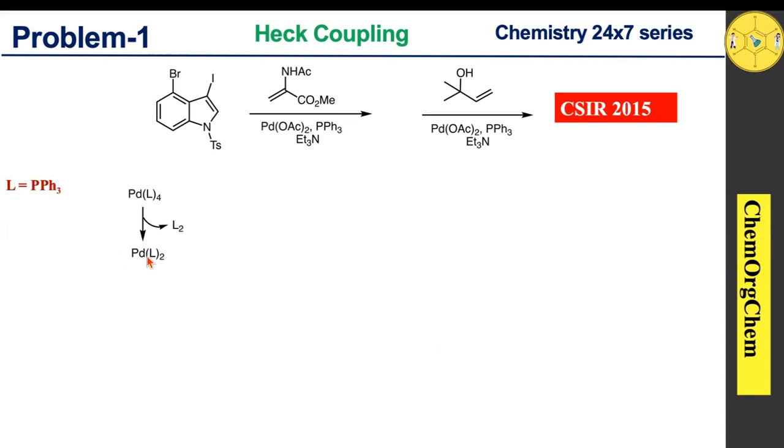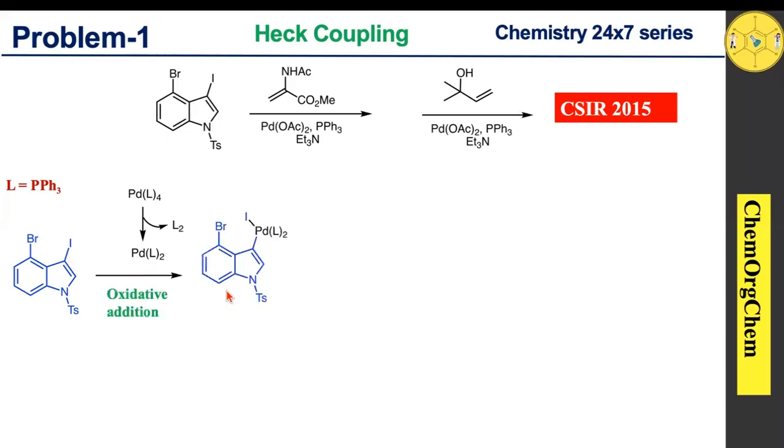Now this palladium zero catalyst readily undergoes oxidative addition with our substrate. Here, if you look closely, our substrate contains two reactive sites. One is this carbon-iodine bond, and another one is this carbon-bromine bond. When you compare these two sites, this site is more reactive, which readily undergoes oxidative addition with this palladium complex to produce the corresponding palladium complex intermediate.